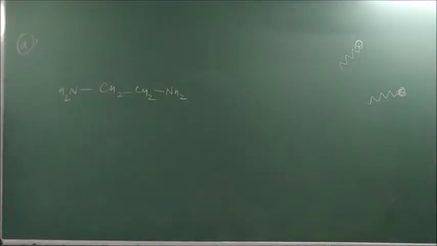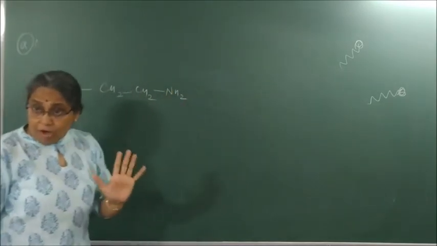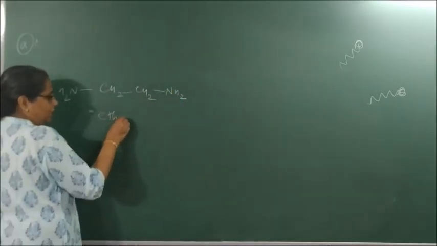What will be the name of this compound? 1 comma 2, diamino. Where is ethene? Ethane. So 1,2 diamino ethane, commonly called ethylene diamine.